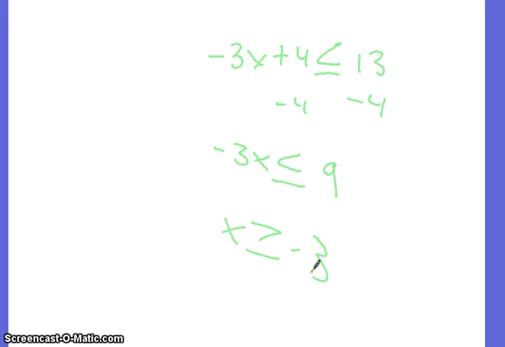I also have to flip my sign because I moved the negative across, right? I never had to do that when we had equal signs because we flipped an equal sign, still got an equal sign. But with an inequality, it's a little bit of a different prospect.